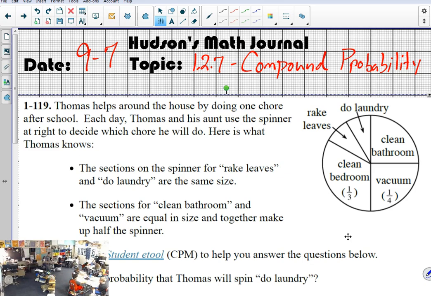We split that in half. So vacuum and clean the bathroom is 88%. 90%. Plus clean the bedroom is 25%. No. No. Because it's a third. It's 33.3. Yeah, so it's like 88. I know that one.